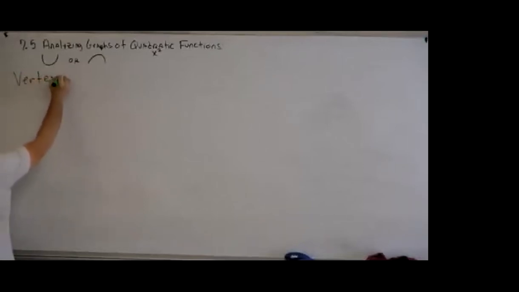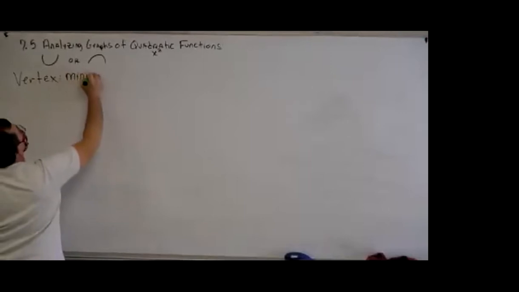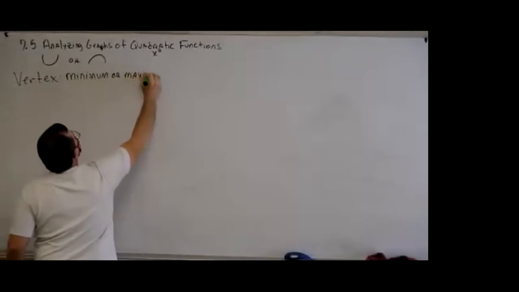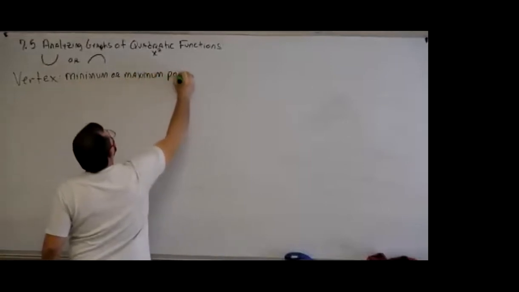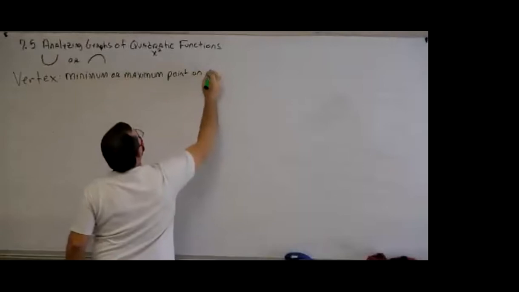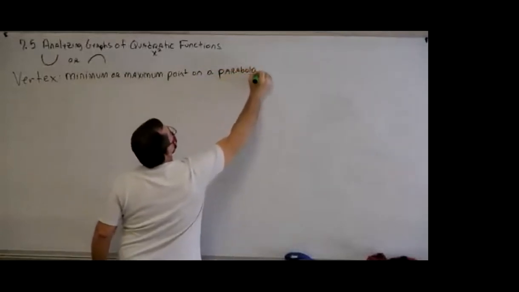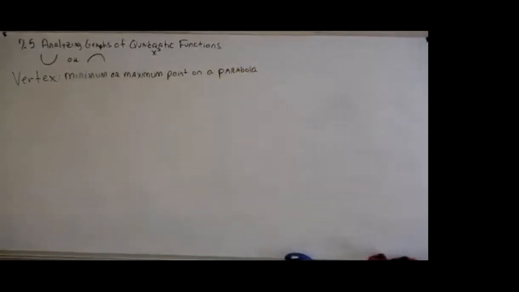No. So first we're going to talk about the vertex of a parabola. The vertex is the minimum or maximum point on a parabola. There's one way I can really tell if this is a minimum or maximum.